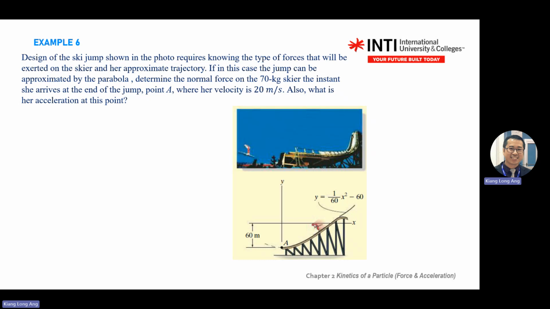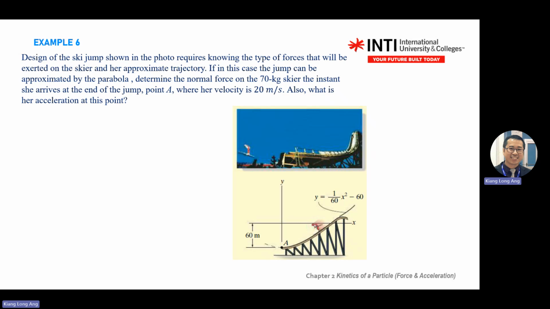Now look at this question again. How do you know that this is a chapter 2 question? What information in the question tells you that it is chapter 2? Correct, you see the normal force, the force there.